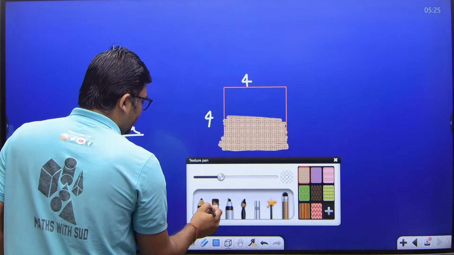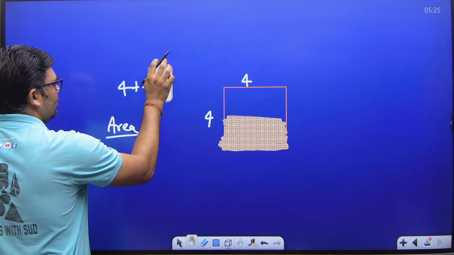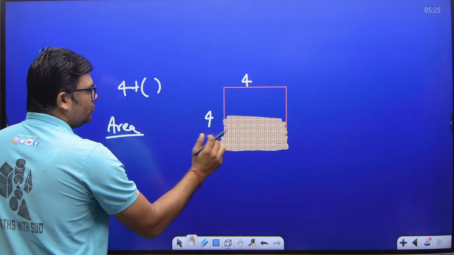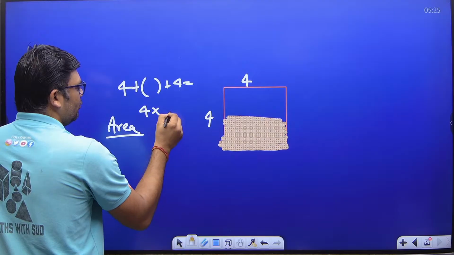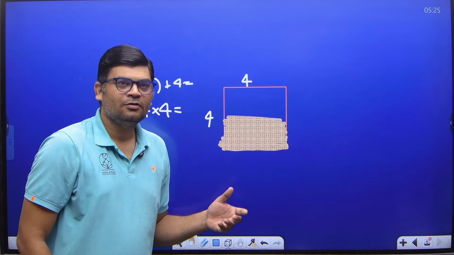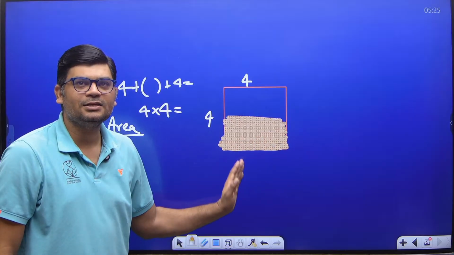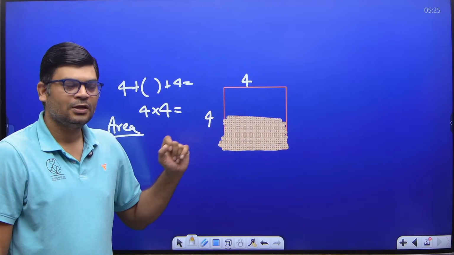Because we don't know this breadth, we are doing this how many times? 4 times. So the area is 4 into 4. So if it is side, this is also side, so side into side.